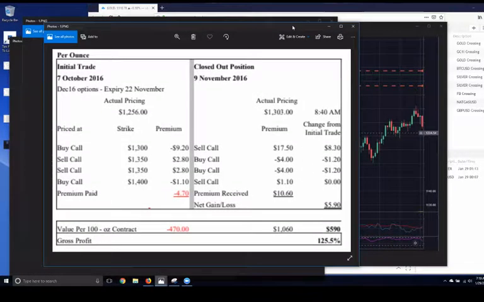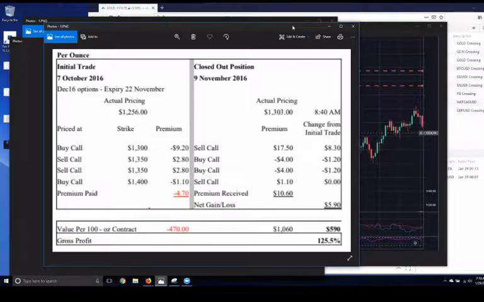if you had bought on October 7th of 2016, the December 1350 1400 call spread. Actually, what we're looking at here is more of a butterfly.